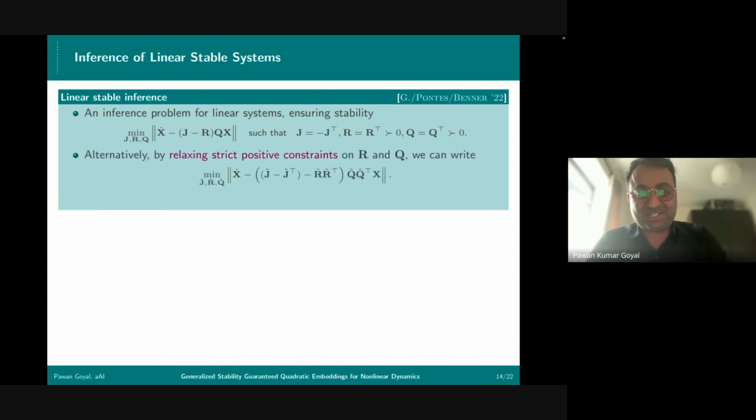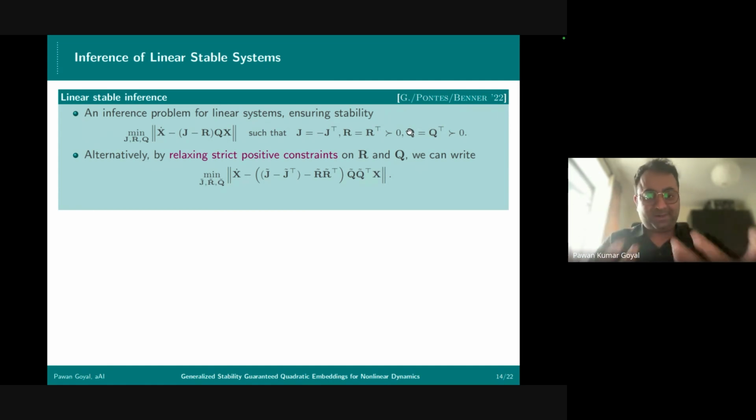Since these constraints are not so easy, we can also further relax it. Every skew-symmetric matrix can be parameterized as J minus J transpose. Relaxing somewhat, instead of strictly SPD matrices, we can use a Cholesky factorization or a low-rank Cholesky factorization. So we have R tilde transpose and Q tilde transpose to obtain the R and Q matrices.